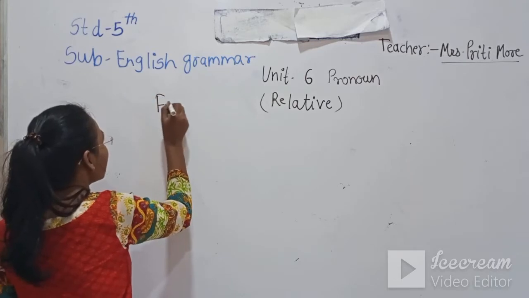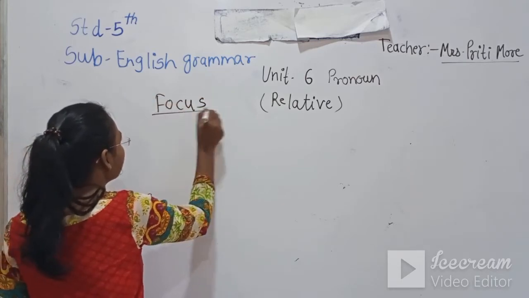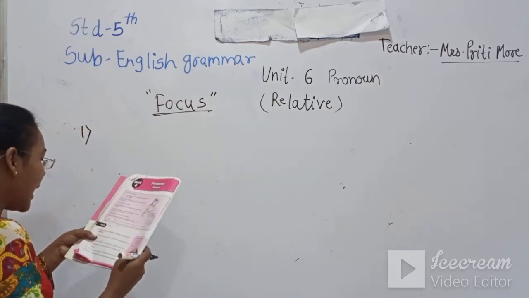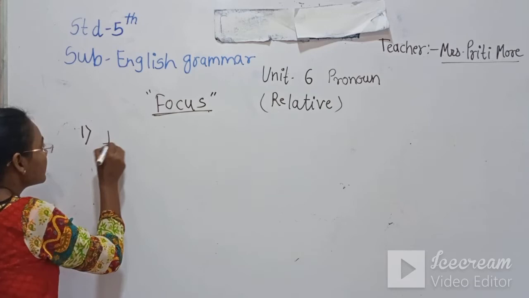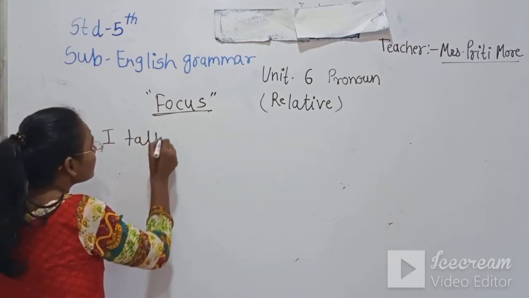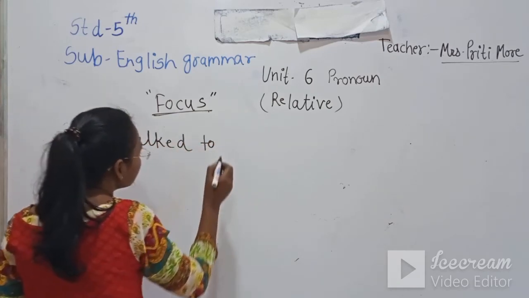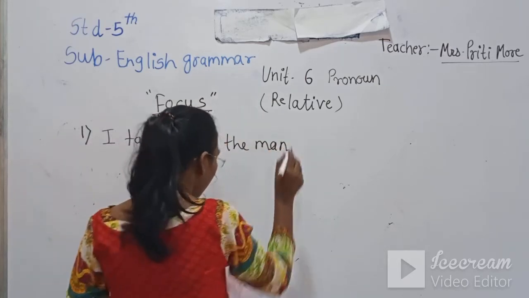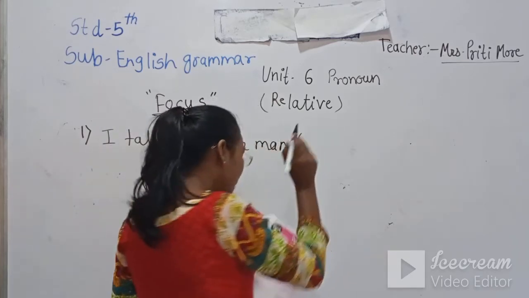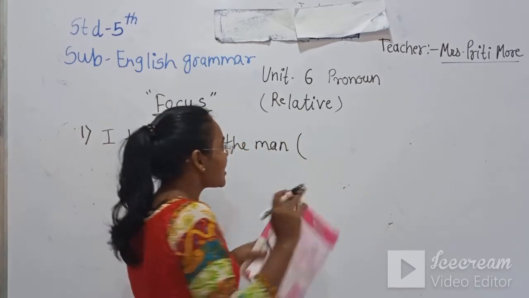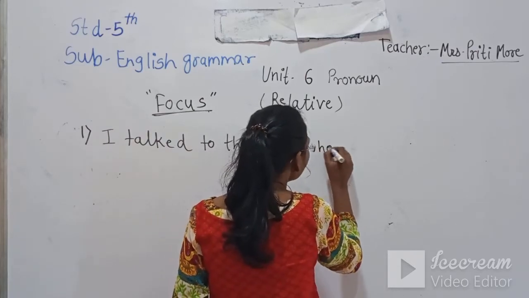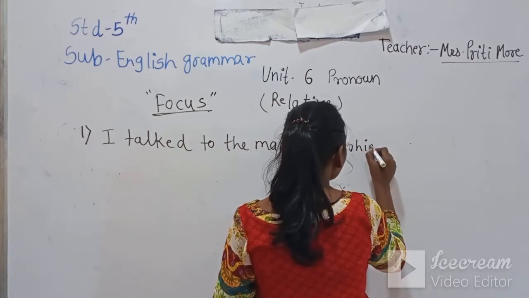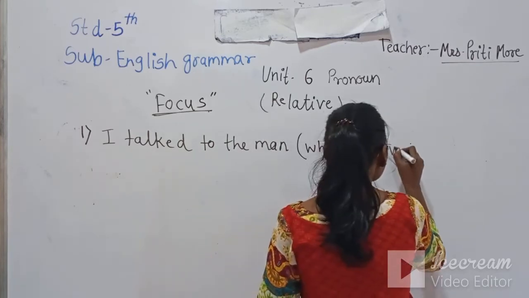This is our focus exercise. A. I talked to the man ___ car was parked near our house. Now in brackets, three relative pronouns are there: who, which, and whose.